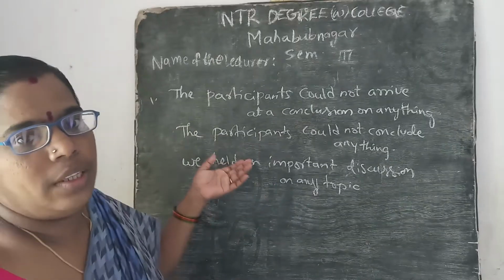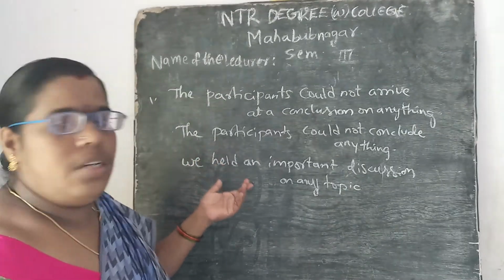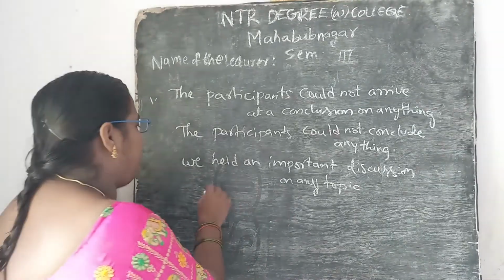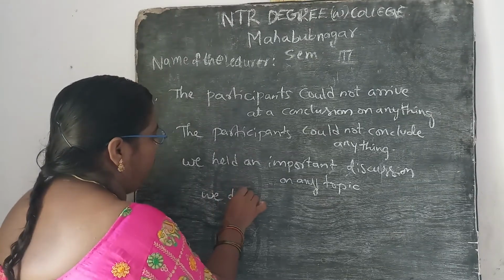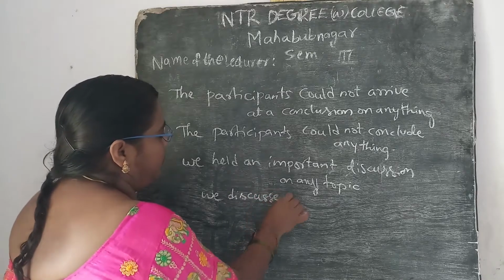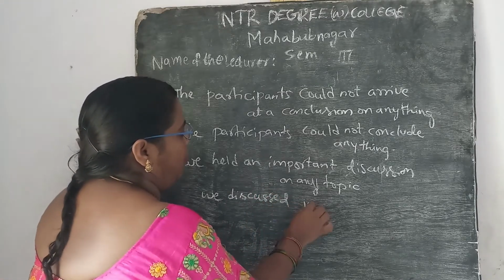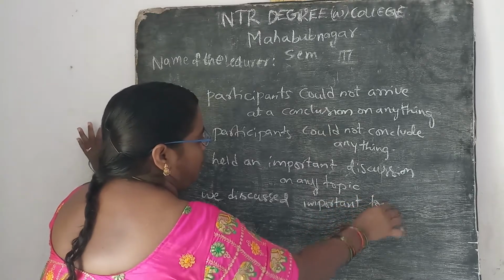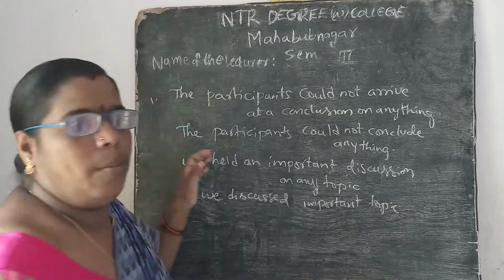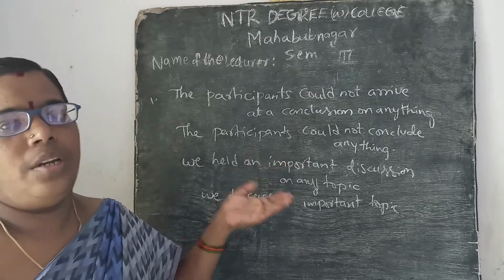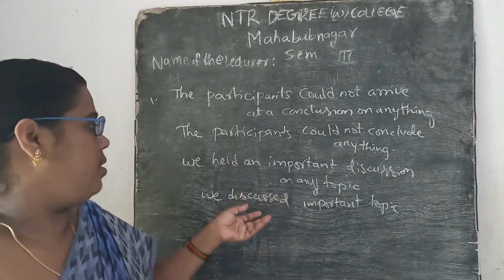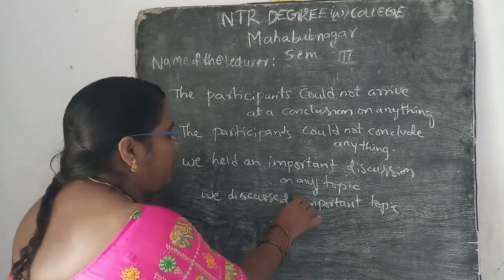For this you can put: we just discussed an important topic. So you can modify it here. We held a discussion on an important topic, and we discussed an important topic there.